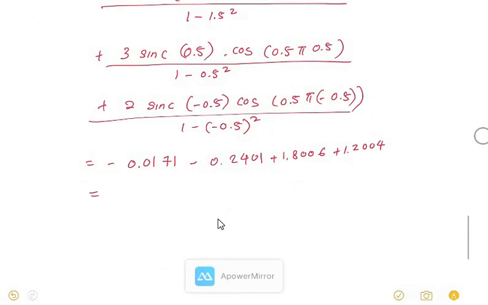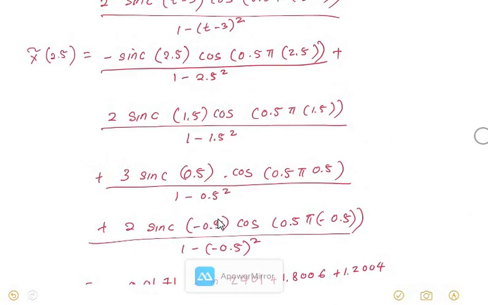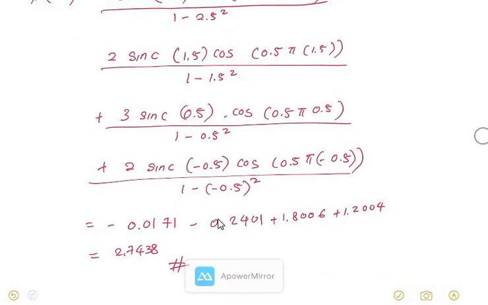When you total out, you will get 2.7438. So this is the reconstructed signal at t equal to 2.5, about 2.7437. This value is even bigger than the previous one. So raised cosine is the biggest number compared to the Sinc interpolation. Only the step interpolation or the linear interpolation you will get the same value.